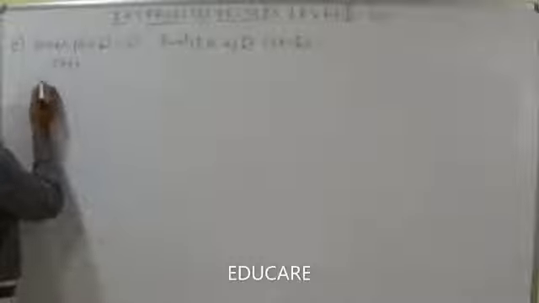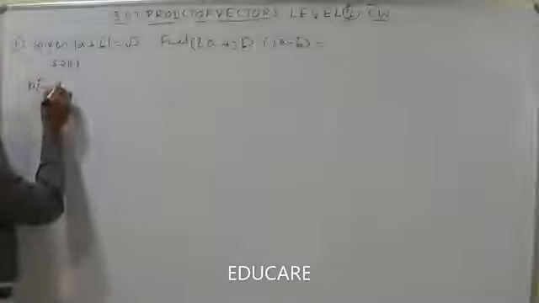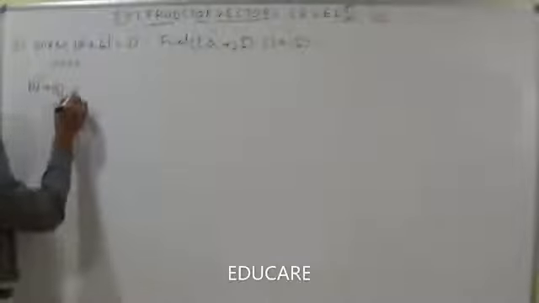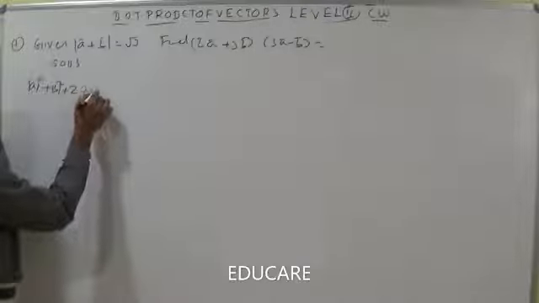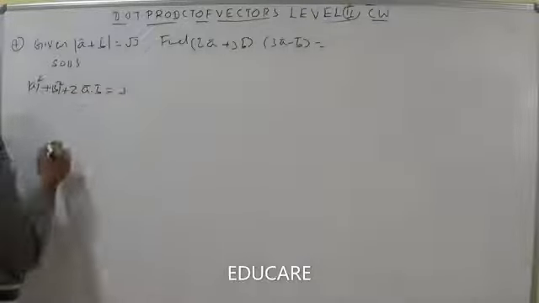If we square both sides, we get modulus of A square plus modulus of B square plus 2 A bar dot B bar is equal to 3.